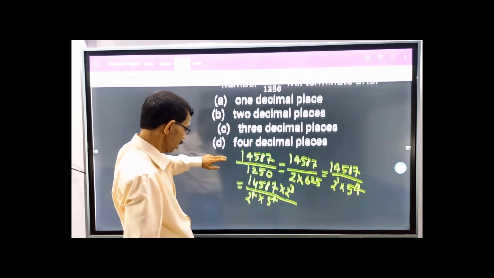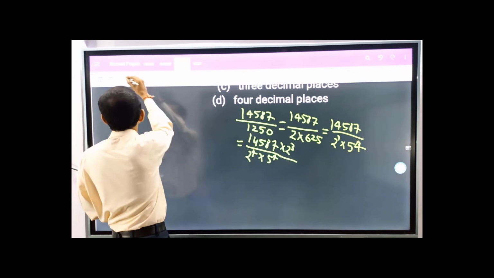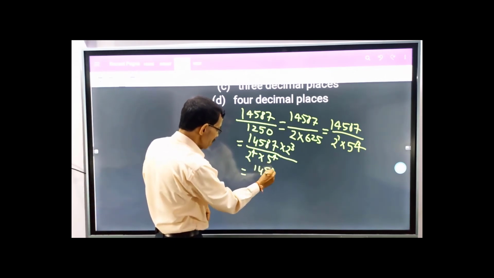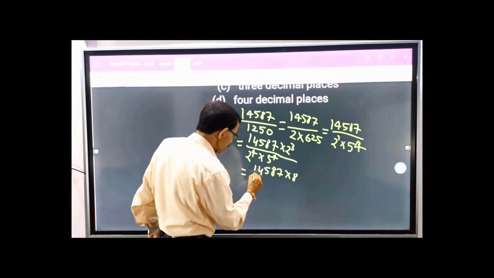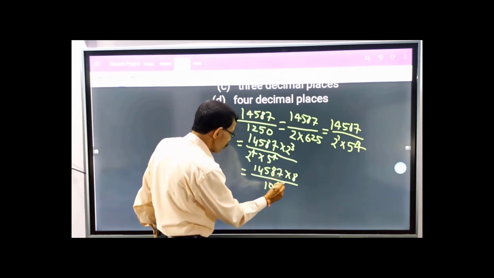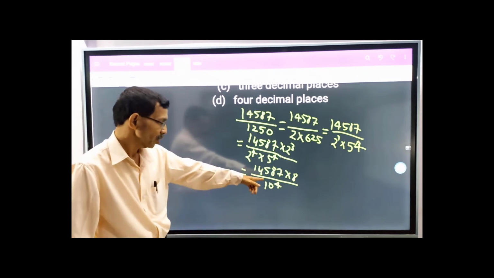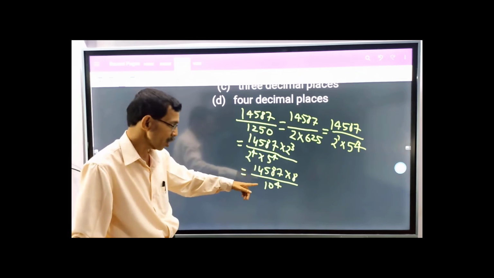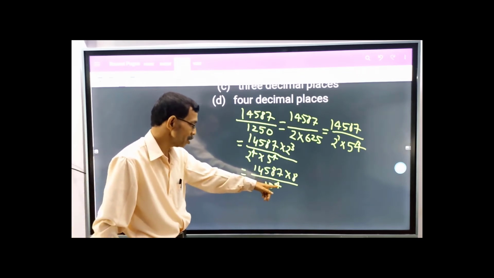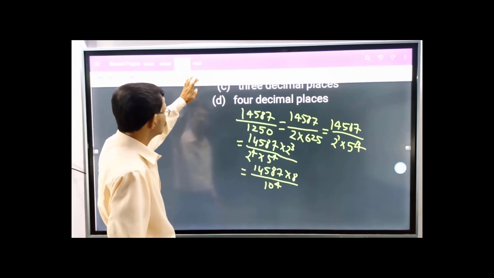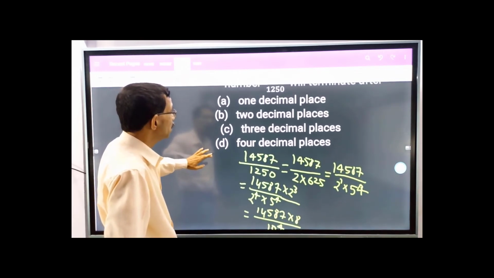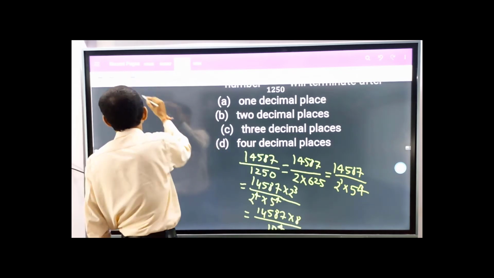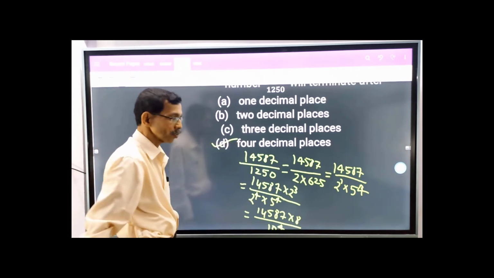This further I can write as equal to 14587 into 8 divided by 10 raised to 4. And now we see here we have to shift towards the left for 4 decimal points, and the correct answer is 4 decimal places. So it is D.